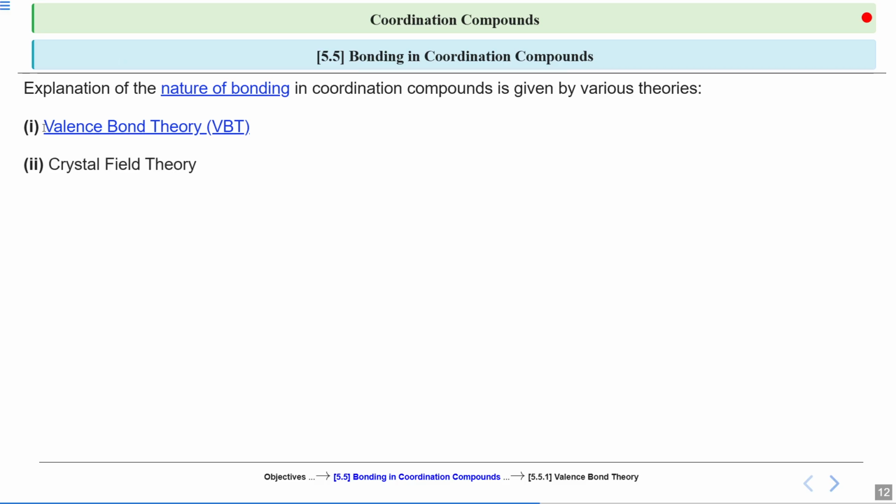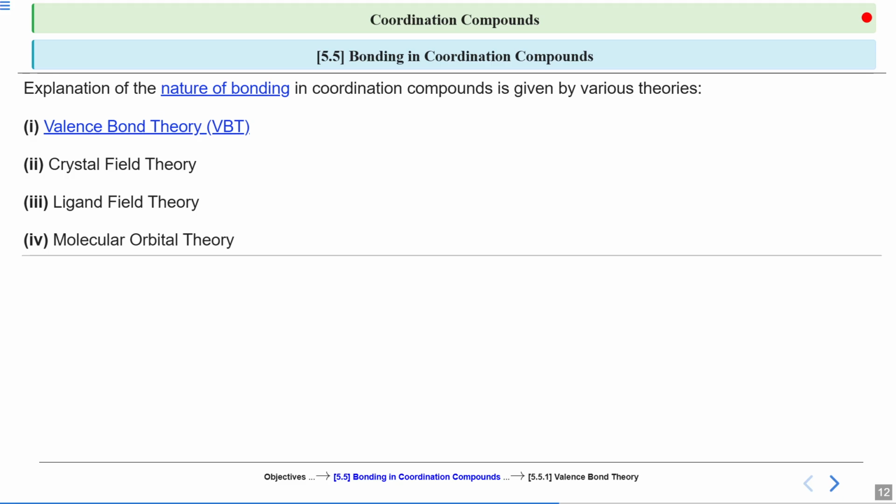The second theory is crystal field theory, which also explains the nature of bonding present in the coordination complexes. Third is ligand field theory, which is also helpful in explaining the nature of bonding of coordination compounds. And the fourth one is molecular orbital theory, commonly known as MOT.